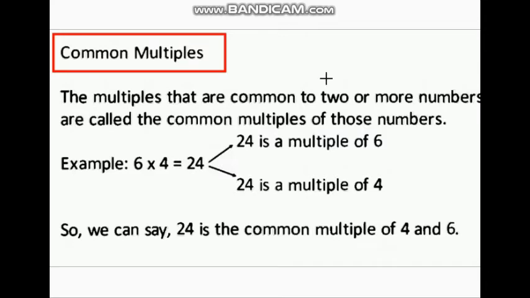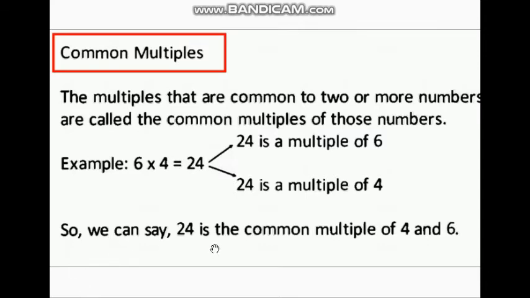The multiples that are common to 2 or more numbers are called the common multiples of those numbers. And here is given an example, 6 into 4 is equal to 24. 24 is a multiple of 6 because it comes in the table of 6, and 24 is a multiple of 4 also because it comes in the table of 4 also.